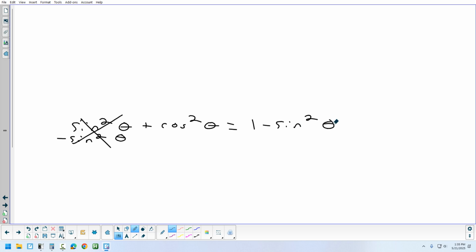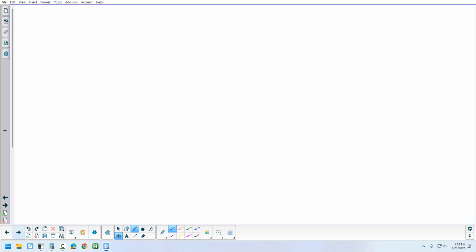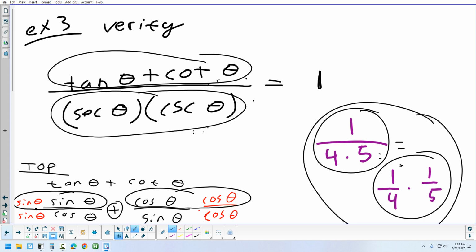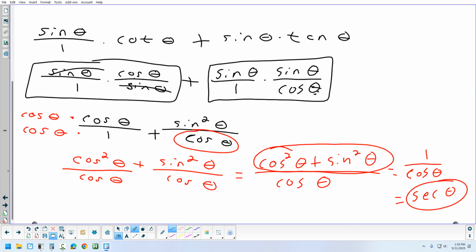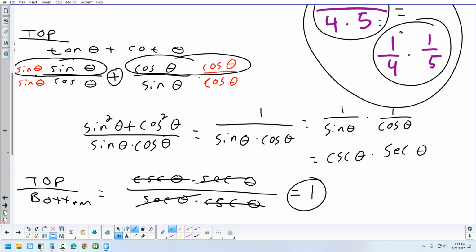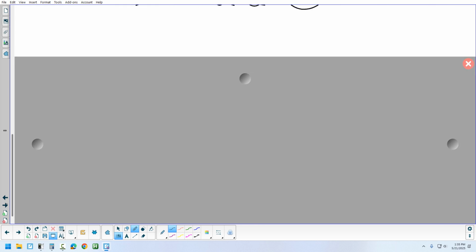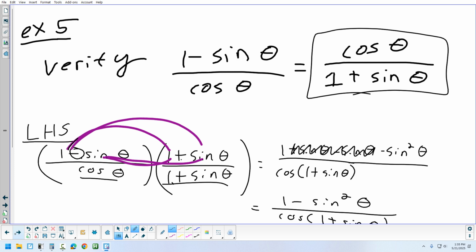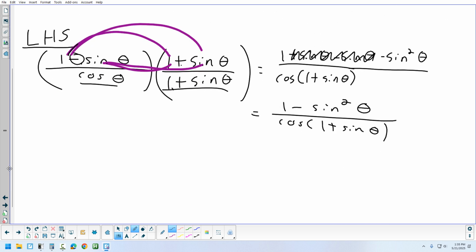Cosine squared. 1 minus sine squared turns into cosine squared. Yep. So what did we say 1 minus sine squared is? Cosine squared.